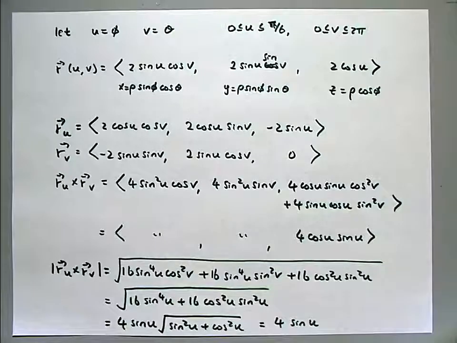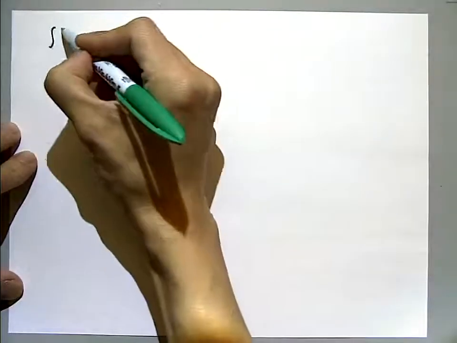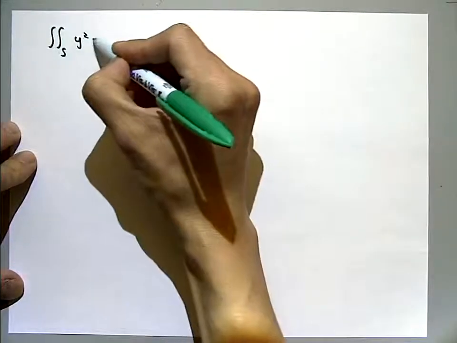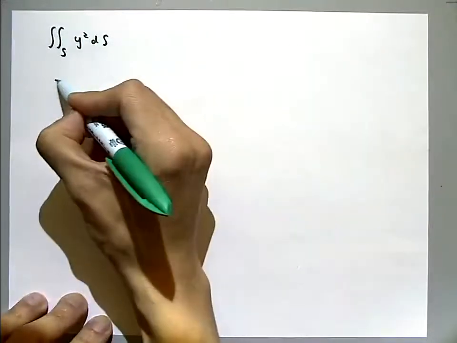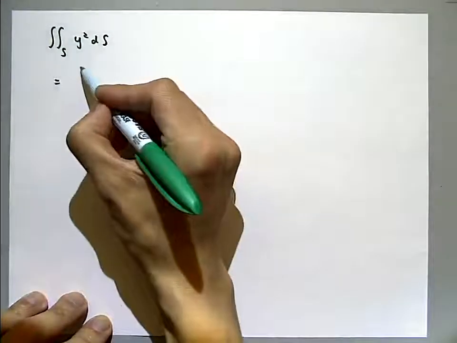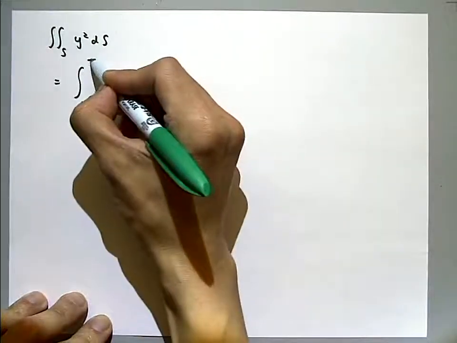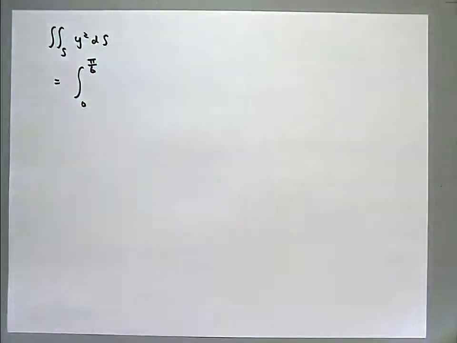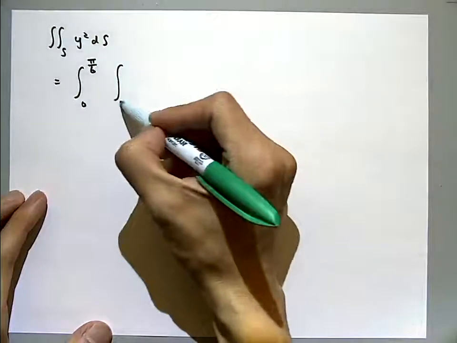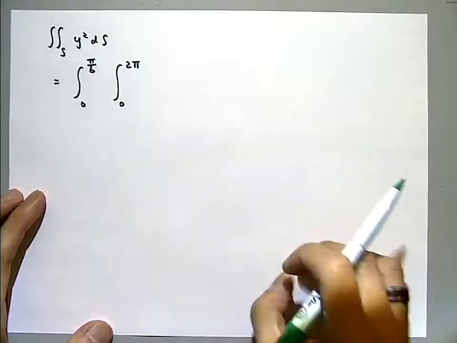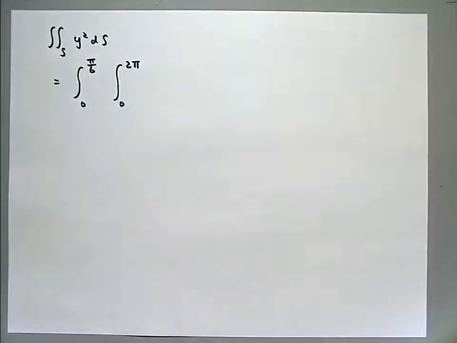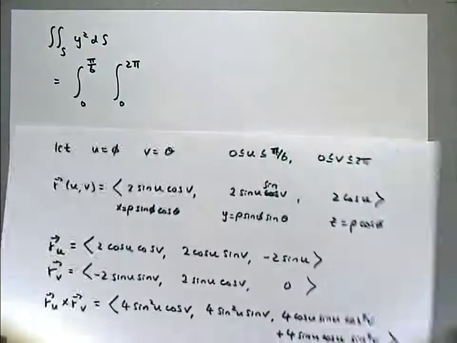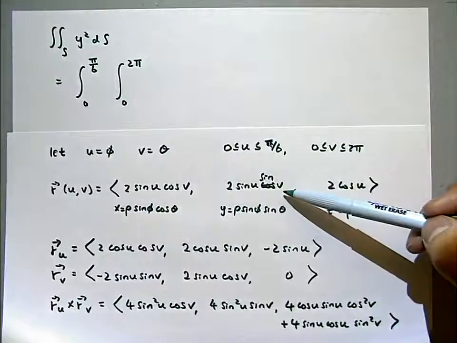Okay, now don't forget, we're still going to do the surface integral. All right, so what are we supposed to do? An integral over the surface y squared dS. And I've arbitrarily decided to do u last and v first. Y on the surface is 2 sine u sine v.